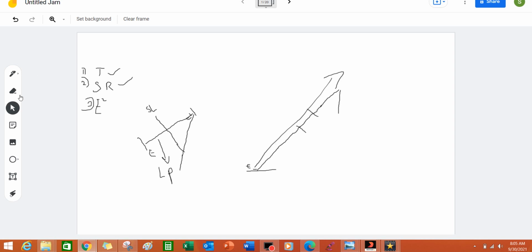Which means what am I trying to say? If this is your entry point and the price action is already going up, it has gotten to this level. This is where the price action is at the moment, and this point is your entry point.